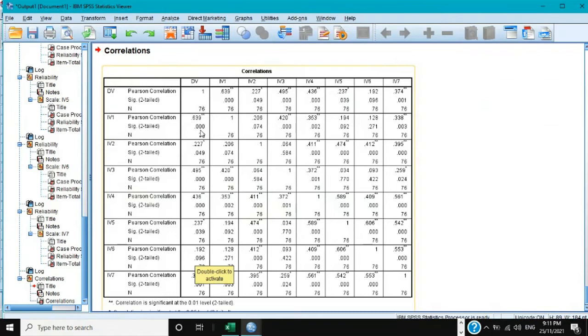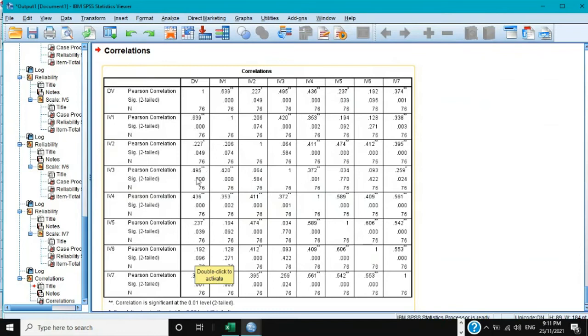This is the relationship between your IV1 and your DV. If you want to look at the relationship between IV2 and DV, you have to look at this box here. Basically, the Pearson correlation is 0.227, and this is the significance value of 0.049 with 76 respondents.